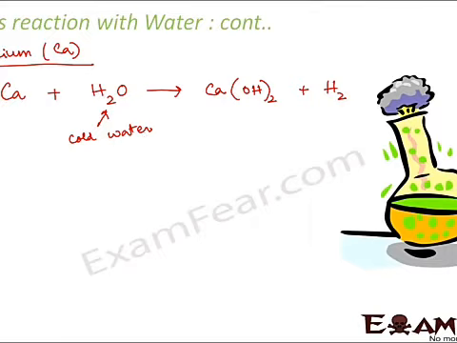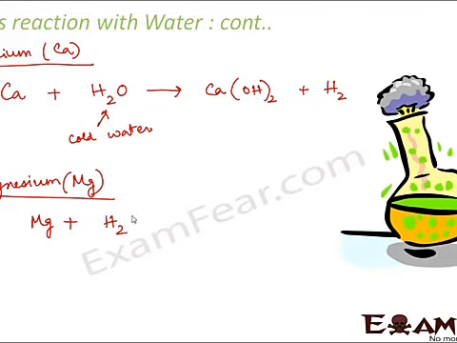The next one we are going to talk about is magnesium, that is Mg. Now when magnesium reacts with water, what happens? Here it depends. Magnesium does not react with cold water. So if you put magnesium inside cold water, nothing will happen. There will be no reaction at all.